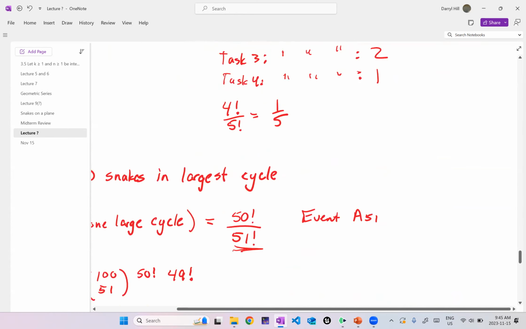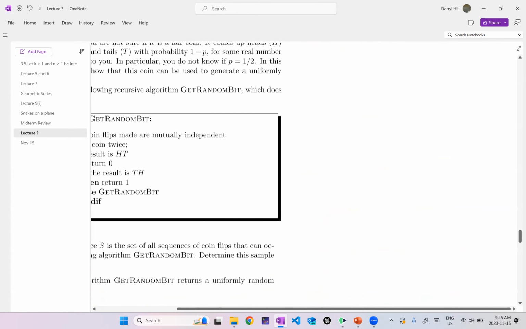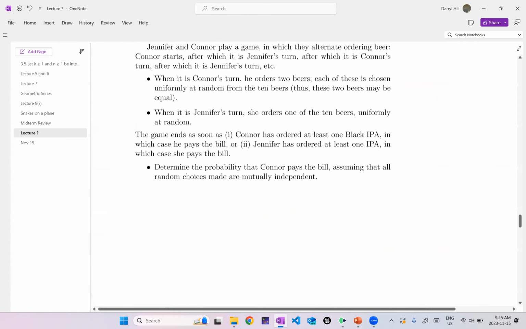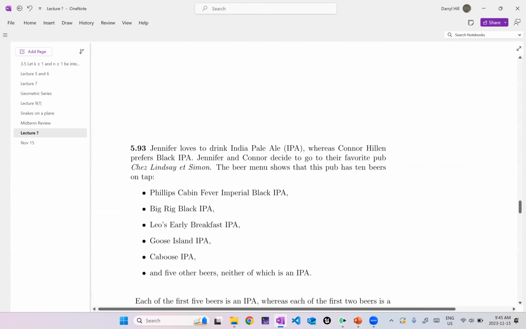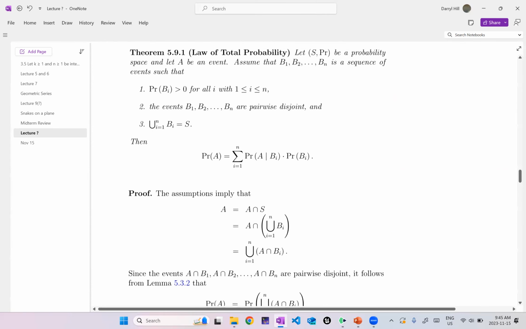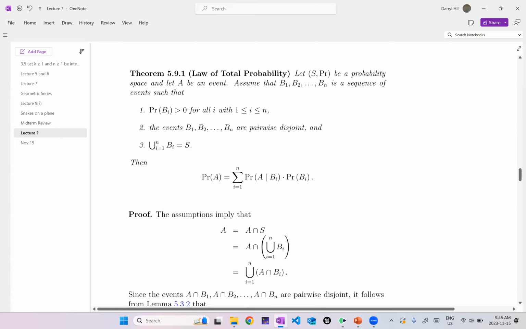But all right, we have 10 minutes. Let's see what other thing we can do. Oh, total law of probability. So this is technically what you would use for the first assignment question on infinite sample spaces, and part of it uses this law of total probability.